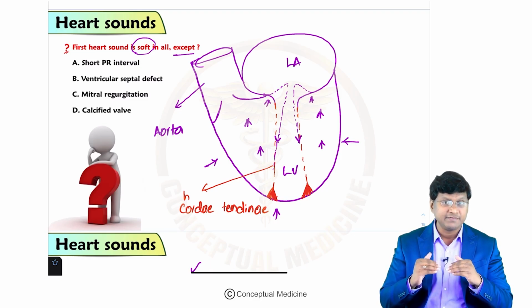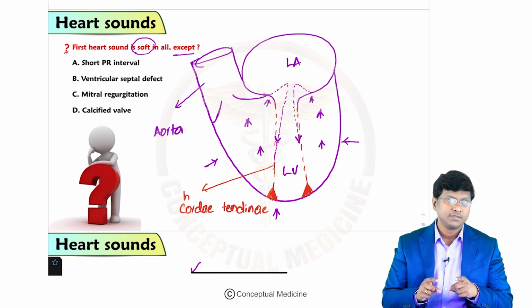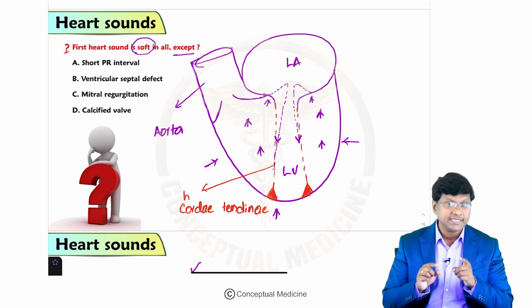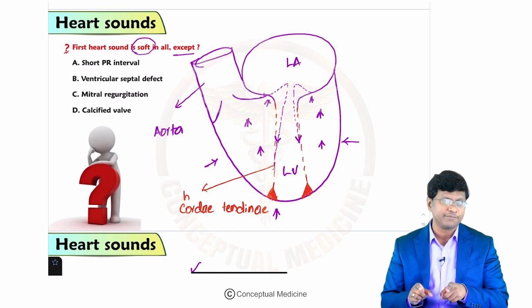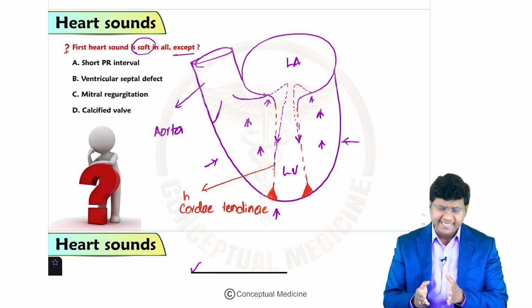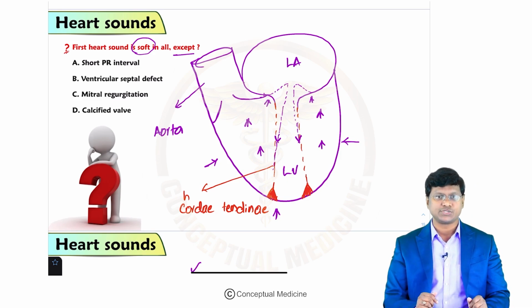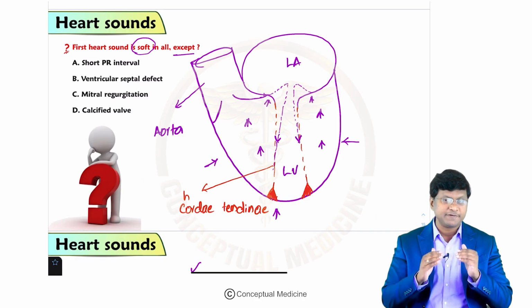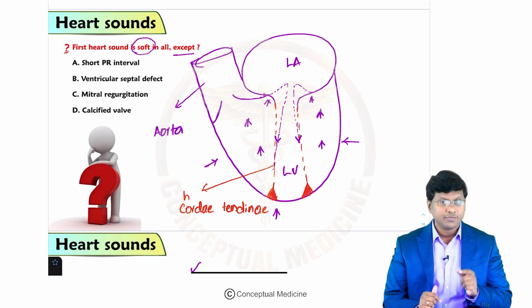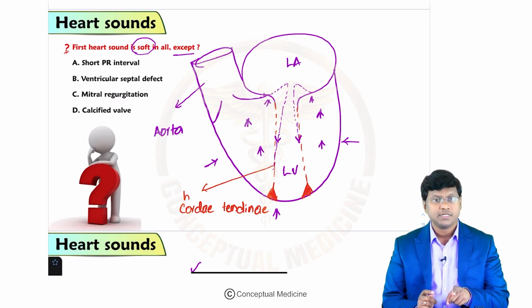Once this mitral valve is set into vibration, you will hear the M1 component of the first heart sound. The same thing applies on the right side as well, where the tricuspid valve is also set into vibration, and you will hear the T1 component of the first heart sound.